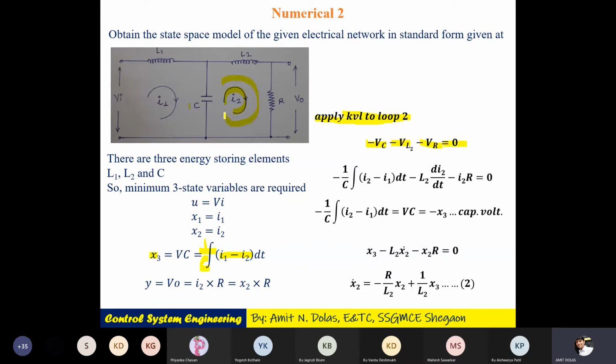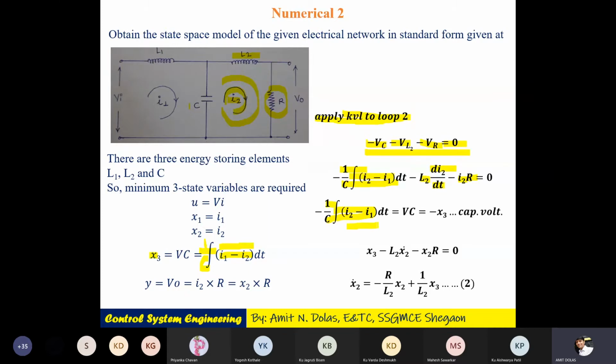Looking at the current direction, referring to this current direction, I wrote this. Then what is VC? VC is nothing but 1 by C integral of I2 minus I1. It is reversed, look here, please make a note. Minus L2, and which current passes through L2? I2. So it will be dI2 by dt, and minus I2 into R, because here the second current is I2. Okay. So here it is.